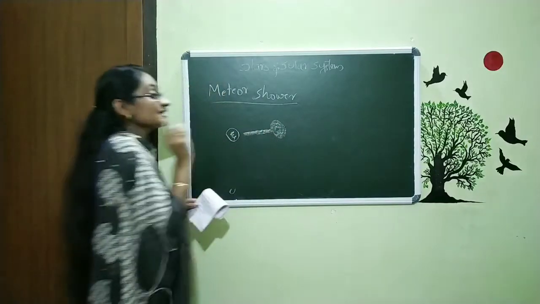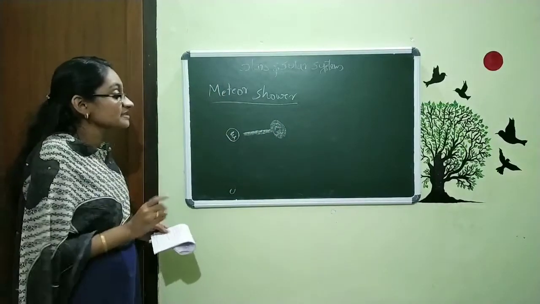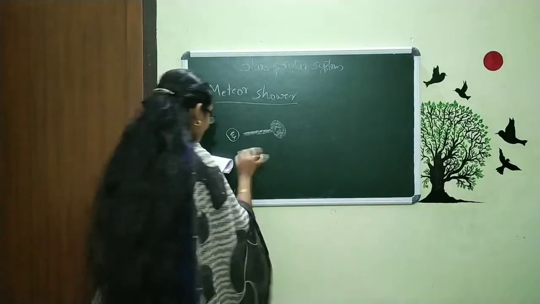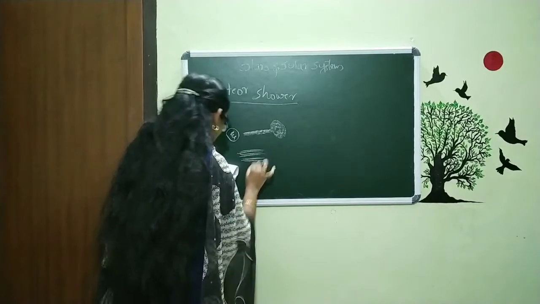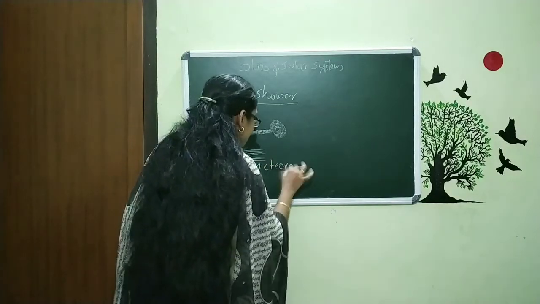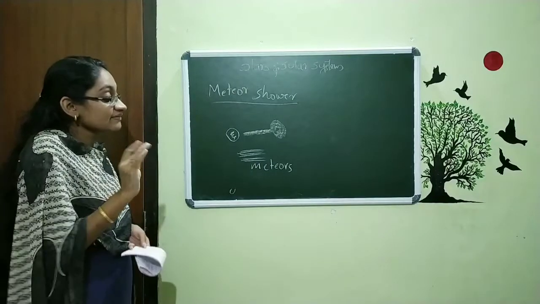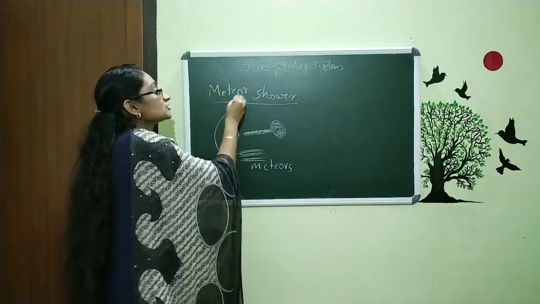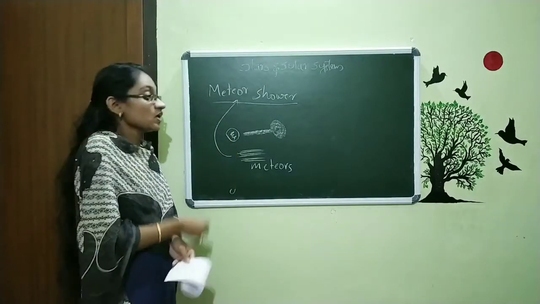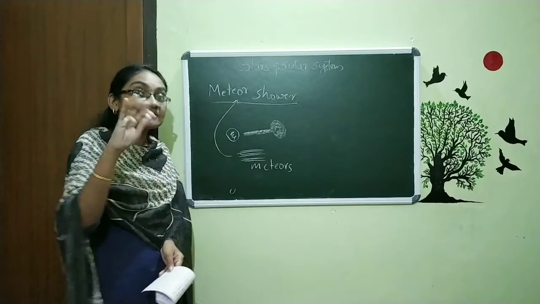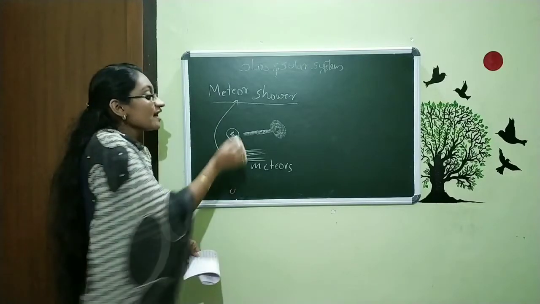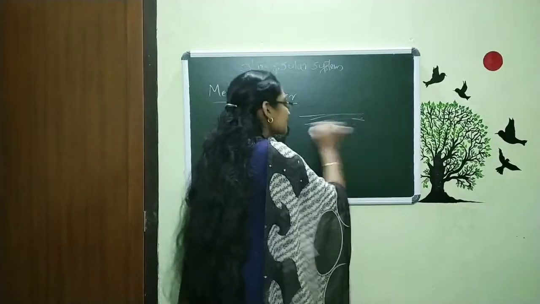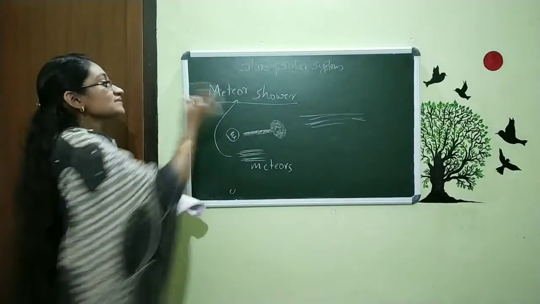When the Earth crosses the comet, we can see a group of meteors in the sky, and we call it a meteor shower. That means we can see a large number of lines in the sky.